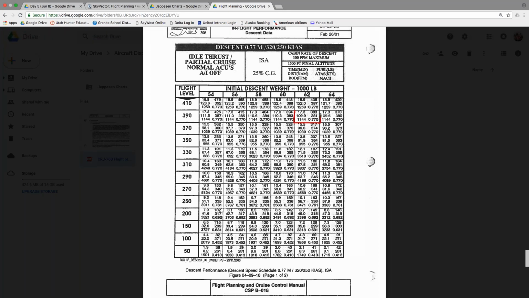I'm going to use this box right here. Okay, just write down the information in that box. 17.3, 383, 109.9, and 381.